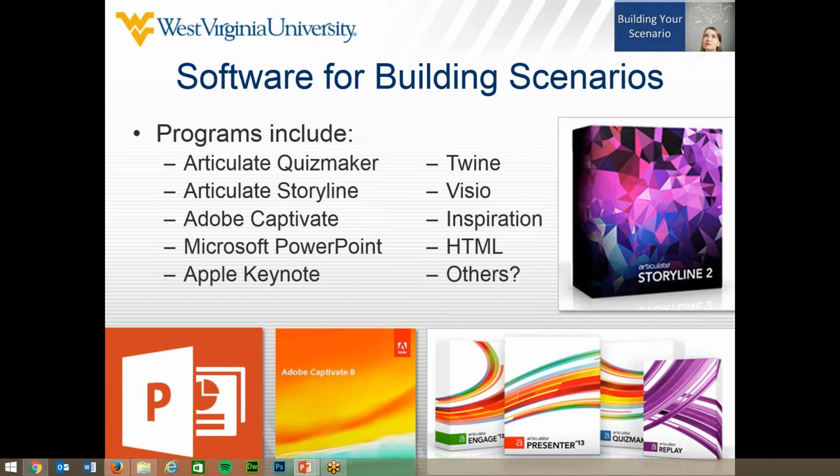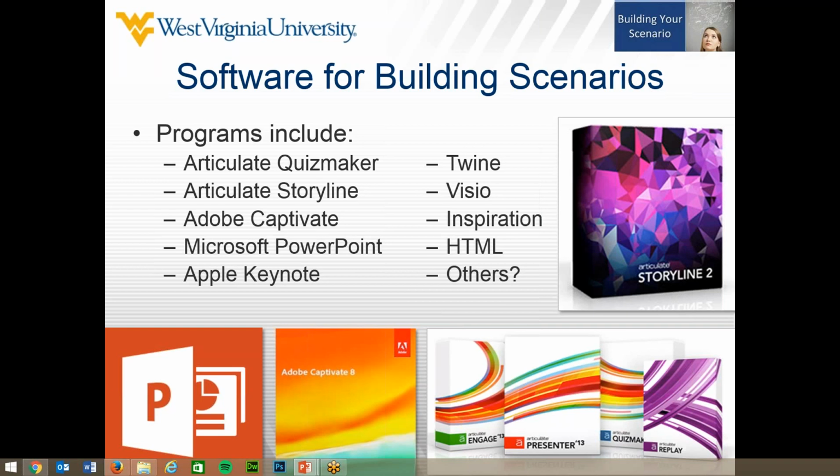Quizmaker allows you to make scenarios because people can choose from different answers, which you can use for branching scenarios. Articulate Storyline offers you a lot more freedom. It's on a higher skill level, I would say, more like Captivate. So it's very free form. You can create your own scenarios with that, and they do have some templates available.